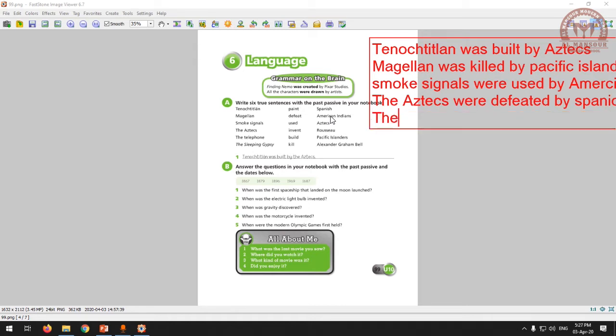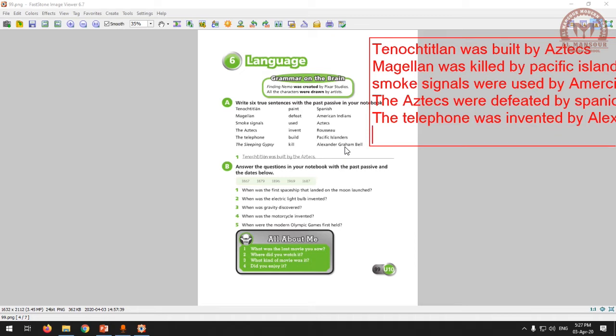The second one, the telephone was invented by Alexander Graham Bell. Okay. Alexander Graham Bell. Here's the last one. Okay, you can write the sentence down. The Sleeping Gypsy. You remember this painting? We took this in the unit that was related to arts.